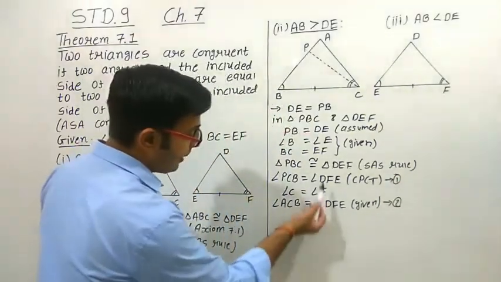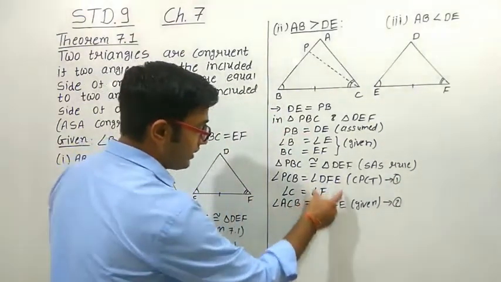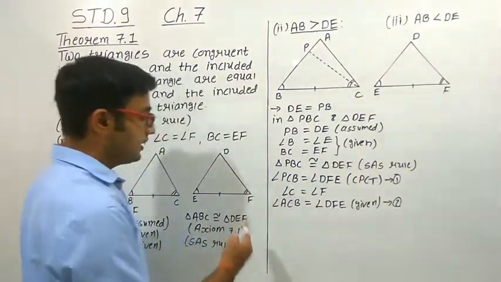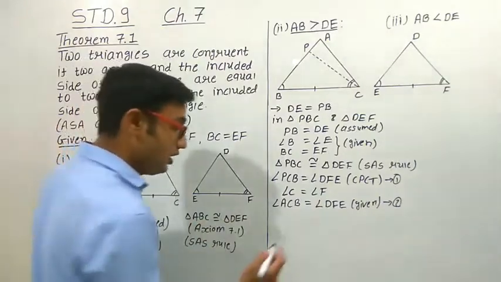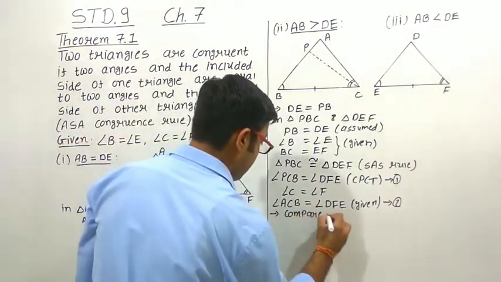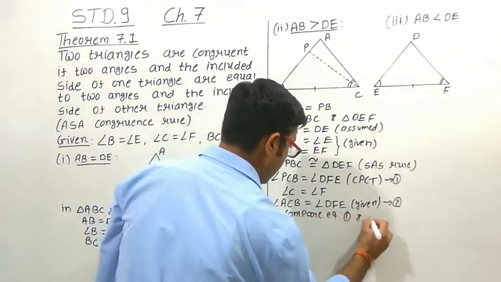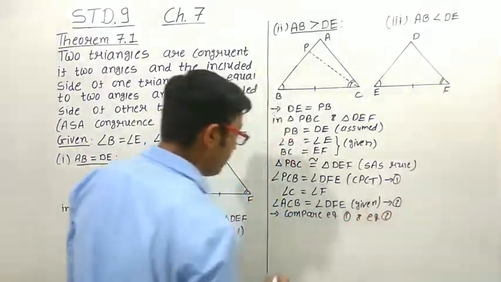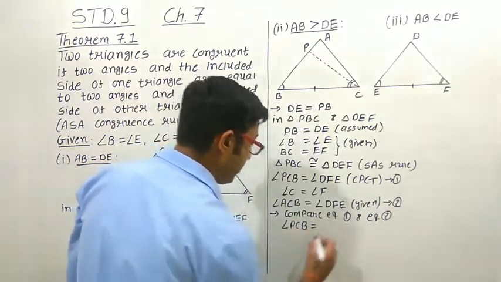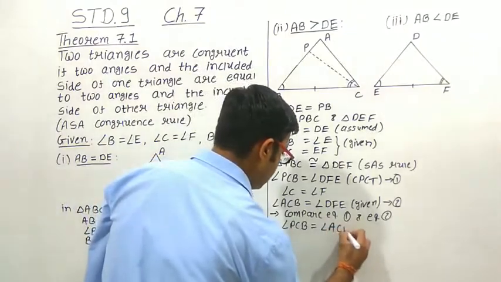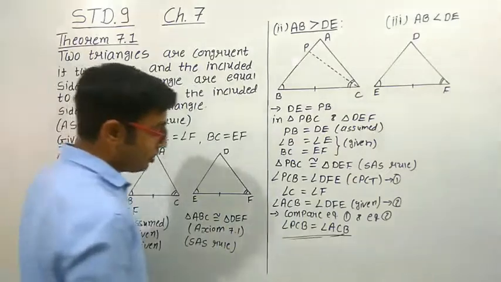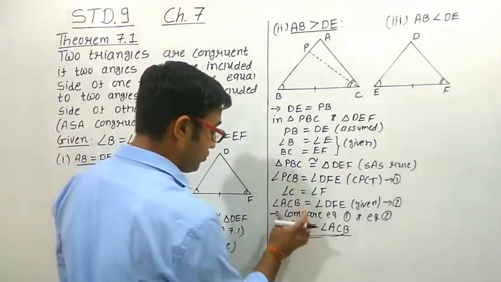If we compare both these equations, their right hand sides are equal. If the right hand sides are equal, obviously their left hand sides will also be equal. So when we compare equation 1 and equation 2, we can write that angle PCB will become equal to angle ACB. Understand?